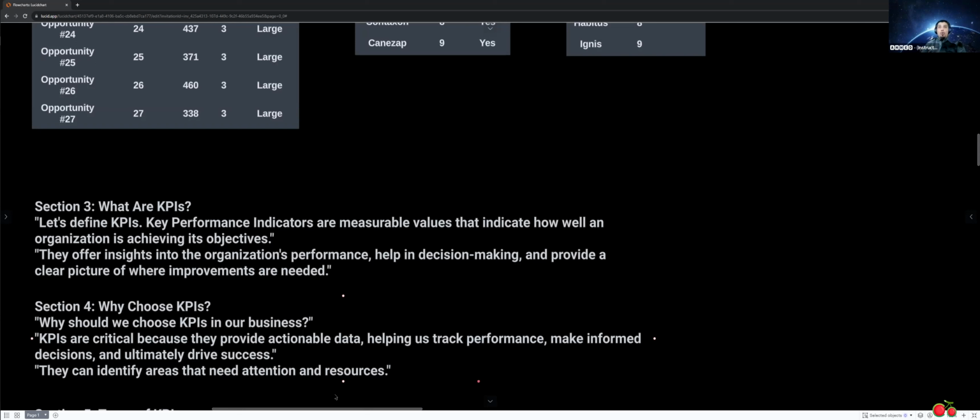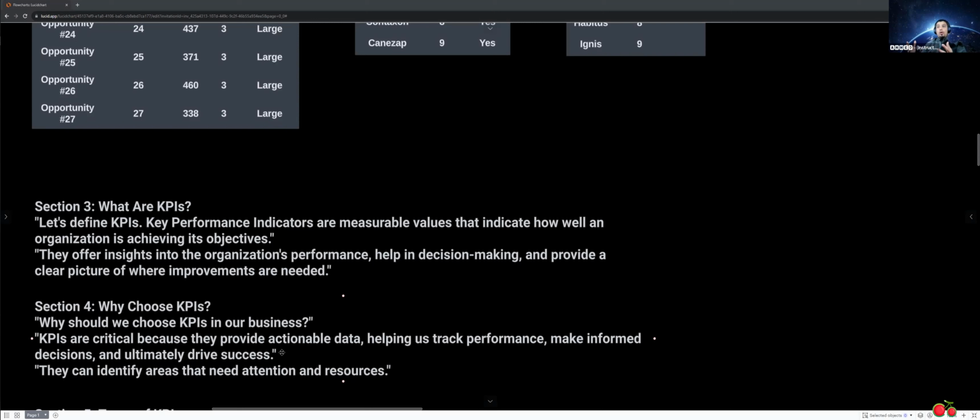So why we choose KPIs, again, I need you to read it with me. It says KPIs are critical because they provide actionable data, right? So based on the data that you provide, all the filtration that your KPIs will provide, it will help the business to track performance.